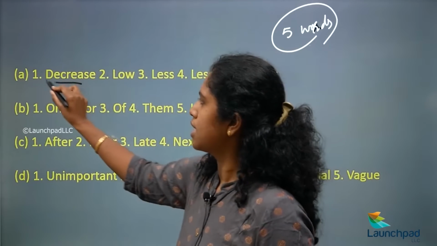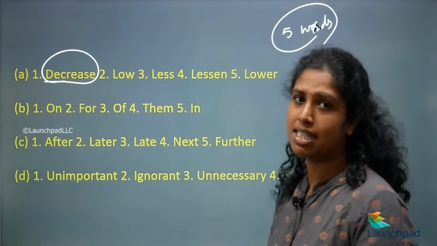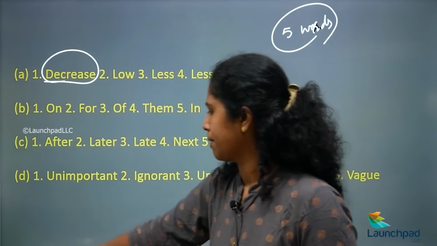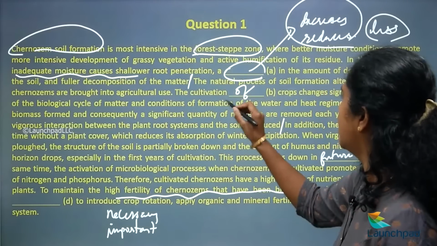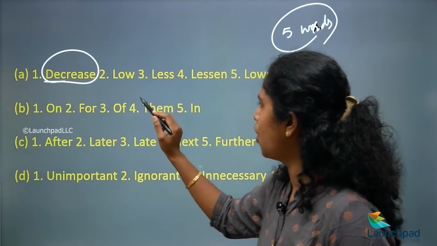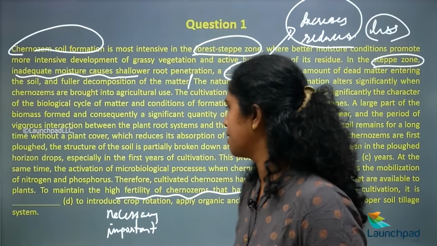No. So you can see that the word decrease is grammatically right or logically right in the first blank. Second, the cultivation of crops. So do you have the word of, on, for, of, them, and? Yes. So you have of, which is your right answer.